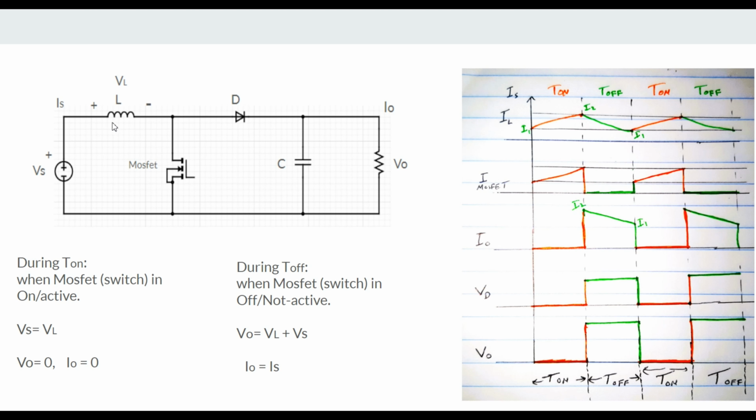That back EMF resists the flow of current through it, so you can see the polarity of the inductor is like this: plus sign this way and minus sign this way.